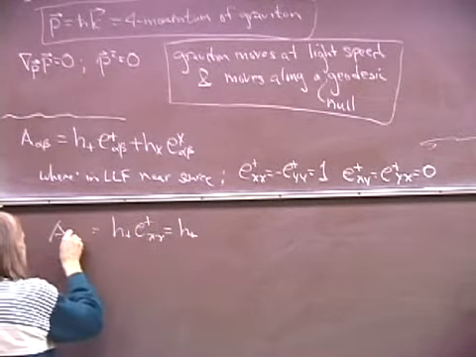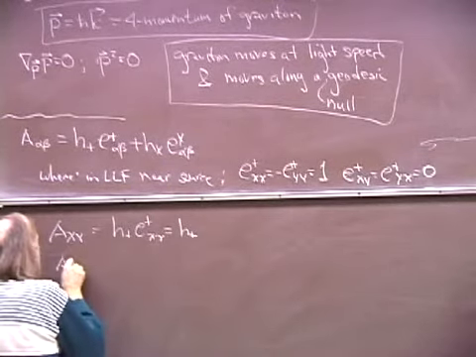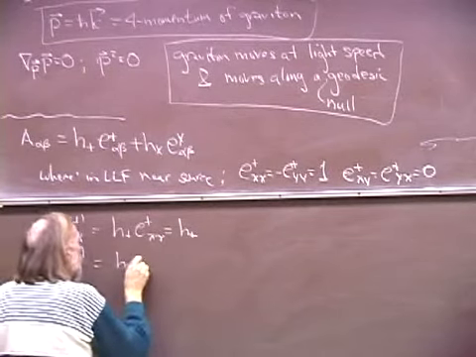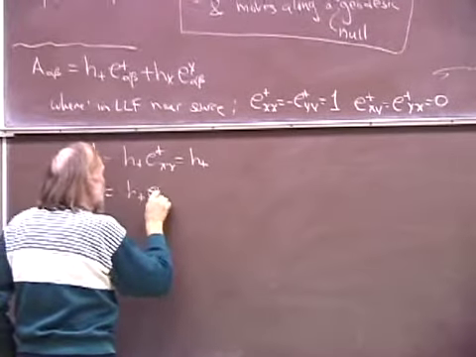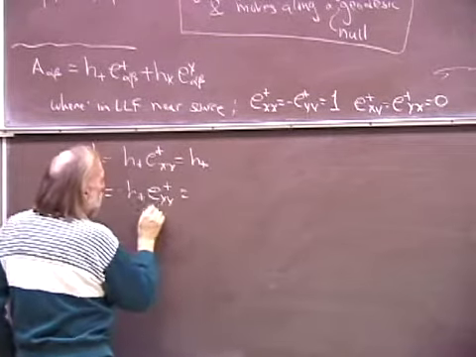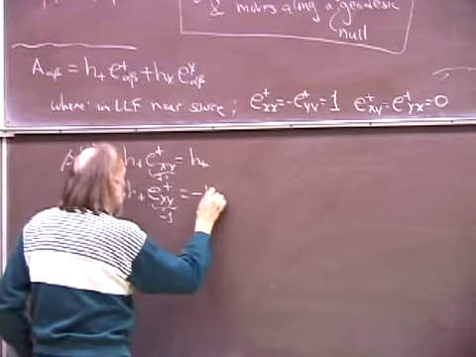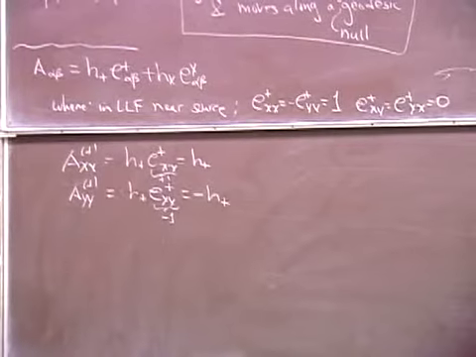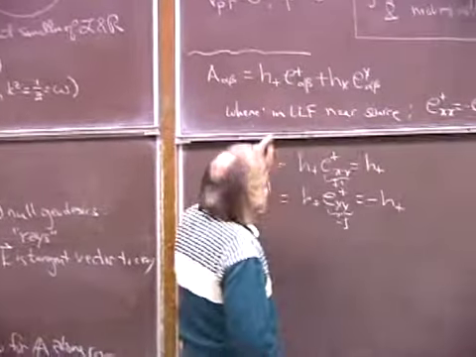That's the A xx for the plus polarization. And the A yy for the plus polarization is equal to h plus e plus yy. But e plus yy is minus 1, whereas e plus xx was plus 1, so that's just equal to minus h plus. So this is just a fancy way of getting out the usual definition of what h plus and h cross are, but a way to do it so that I have everything now in tensor language.